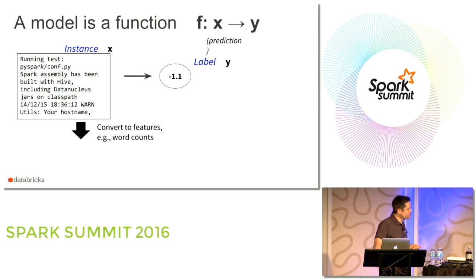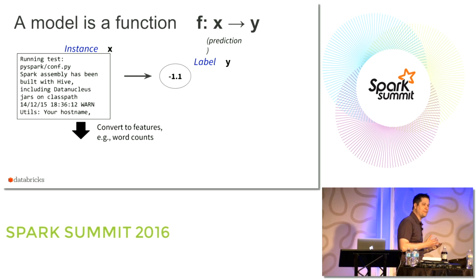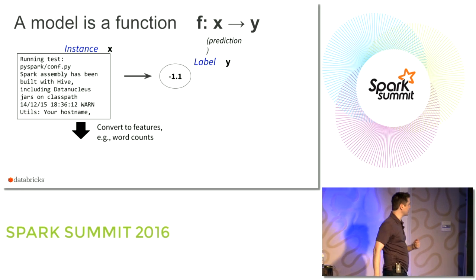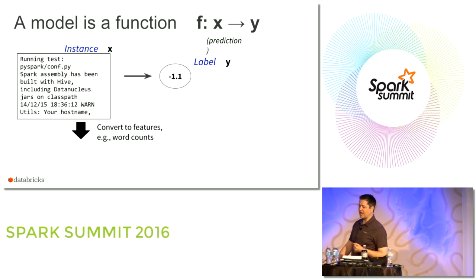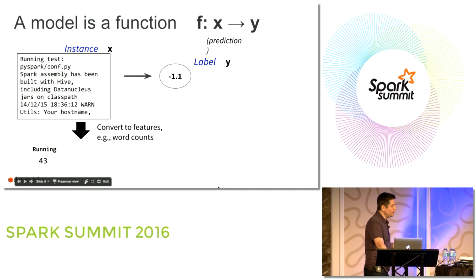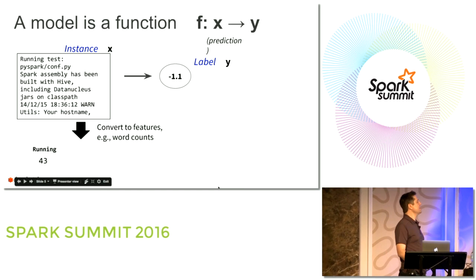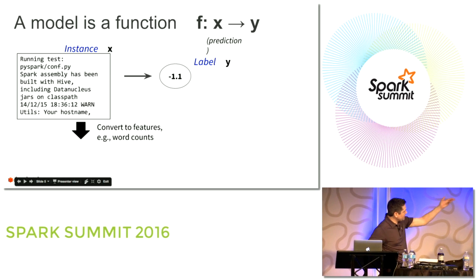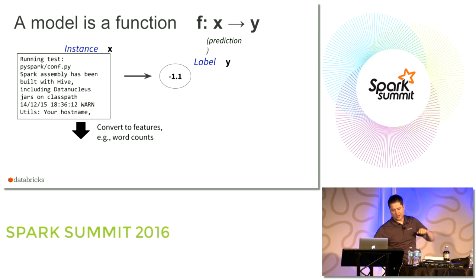Now, the art of machine learning is what we call featureization. So we're going to have libraries that we're going to be learning today to do featureization. Number one library here, we're going to do word count. This is one way of extracting information about my log lines.